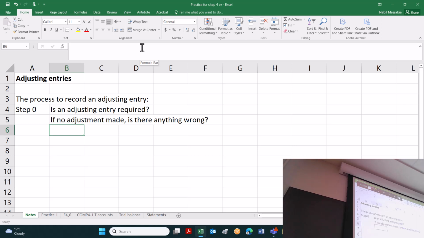So I have to ask myself, if I don't make any adjustment, is there anything wrong?